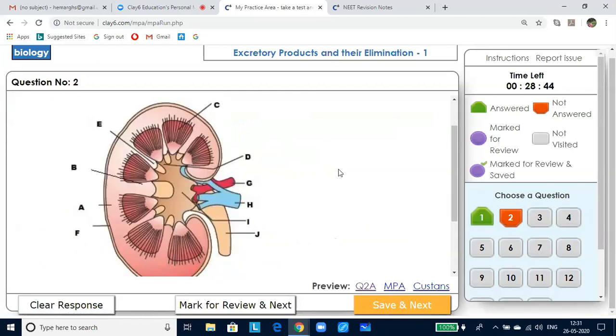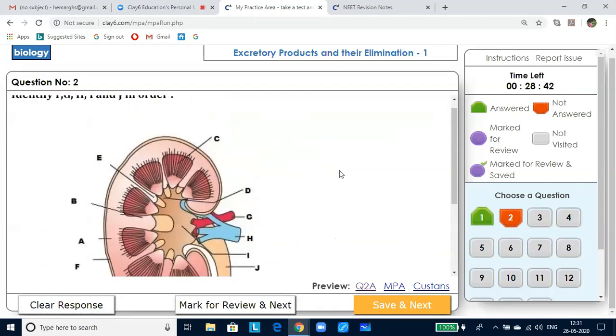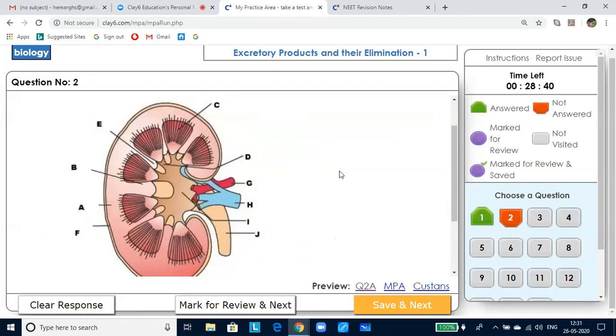Identify F, G, H, I and J in order. So what is F? F is renal capsule. G is renal artery. H is renal vein. I is renal pelvis. J is ureter.